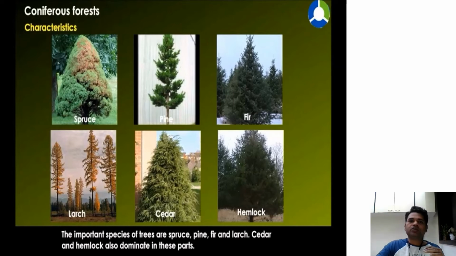The leaf contains water, and in the winter season, when the water freezes, the leaf will die, and gradually the presence of water in the tree will also lead to the death of the tree due to the very low temperature. That's the reason other trees cannot survive over here. Only the gymnosperms can survive. So we have the coniferous forest.